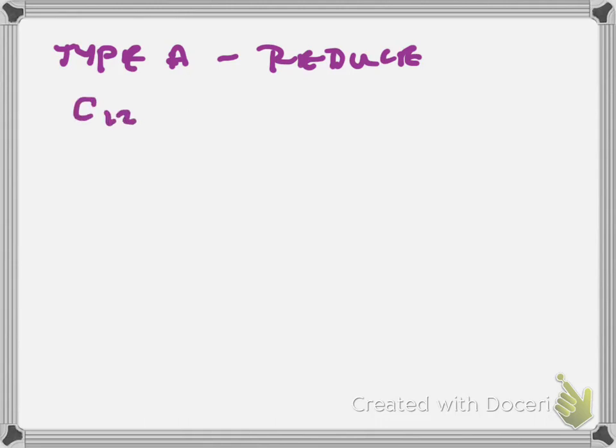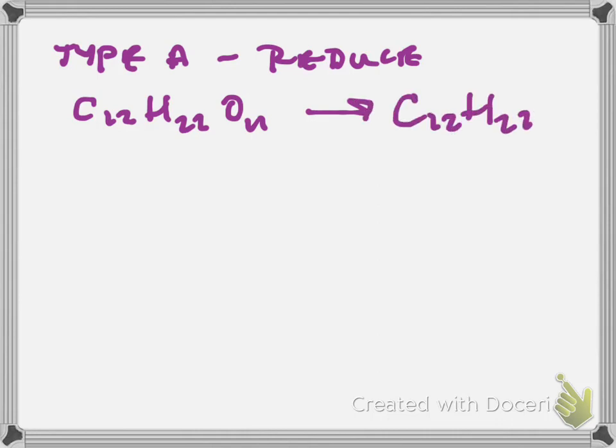On the back, we have the empirical formula type problems. Questions 1, 2, and 3 are type A. What does type A mean? Reduced subscripts. So if I want to go from C12H22O11 down to its reduced form, it's the same darn thing, because there is no way to reduce that. So that's the answer.